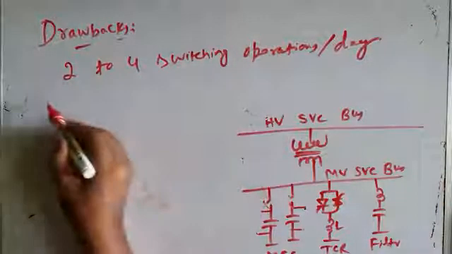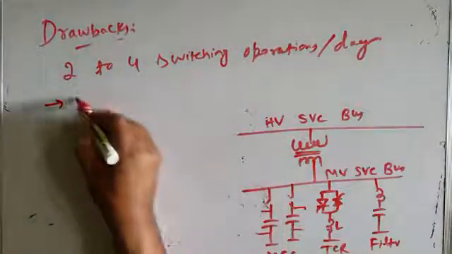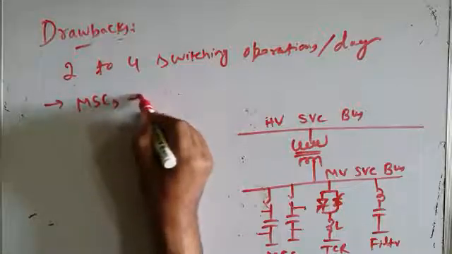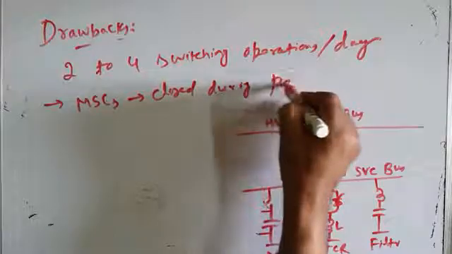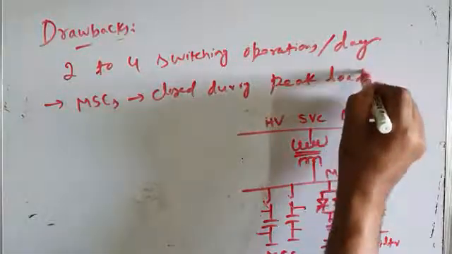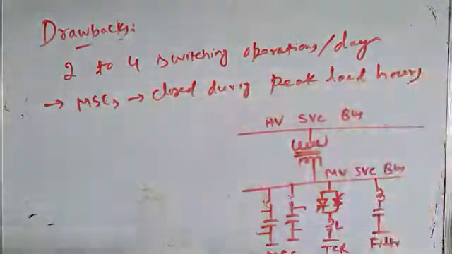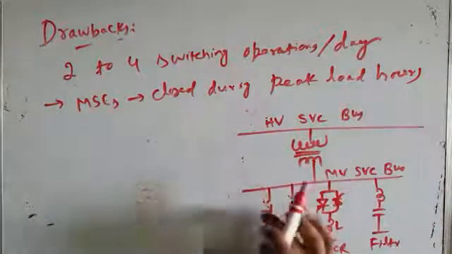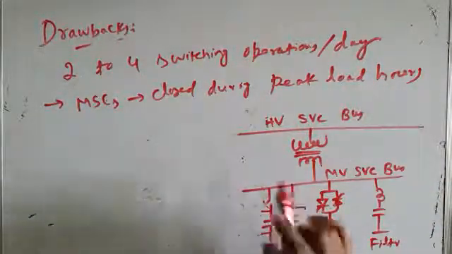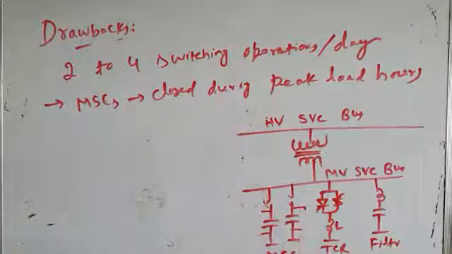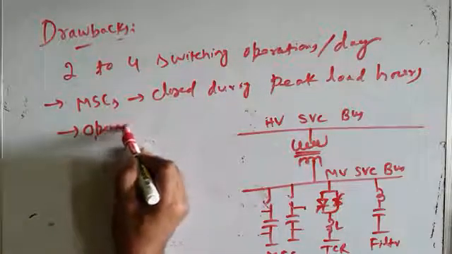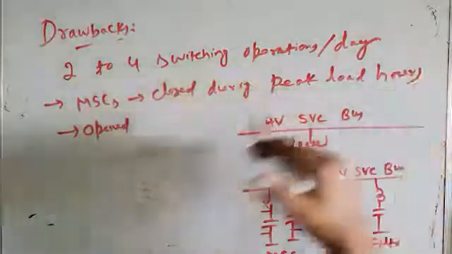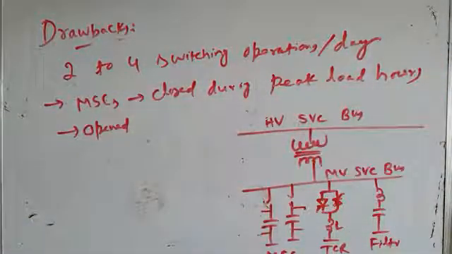Generally these mechanically switched capacitors, MSCs, are closed during peak load hours, because during peak load hours most of the industrial load is connected and demands reactive power, and that reactive power is generated and injected into the transmission line by these mechanically switched capacitors. And during light load hours, they are opened, because you don't need any reactive power injection when most of the industrial load is switched off.